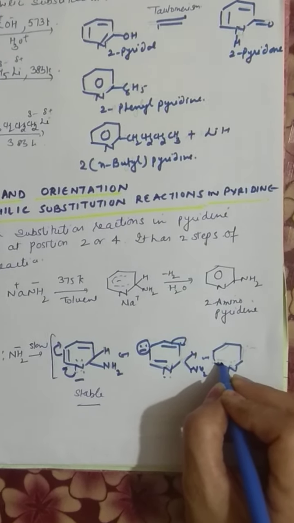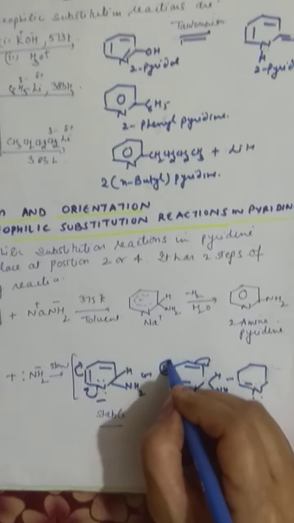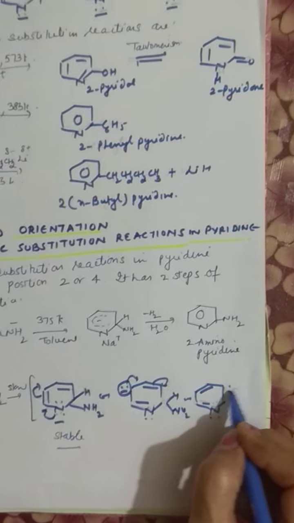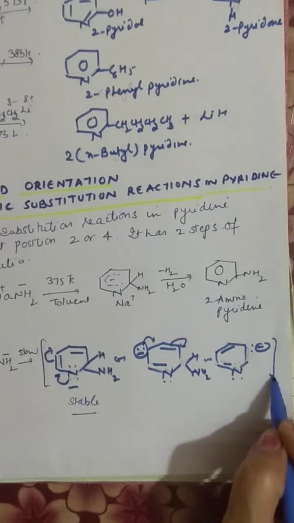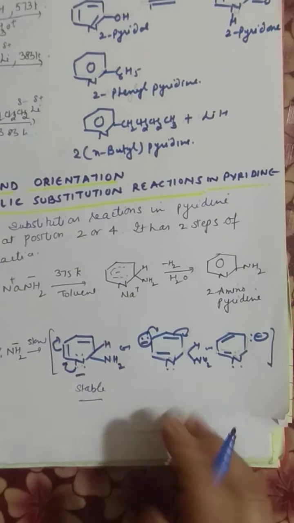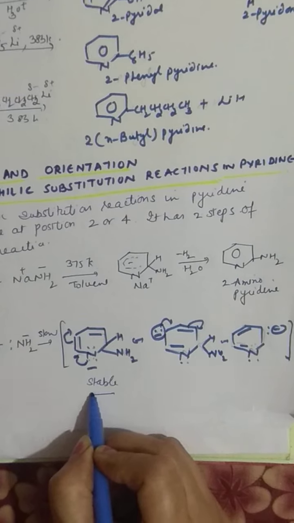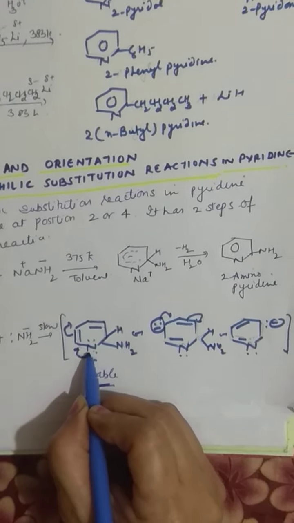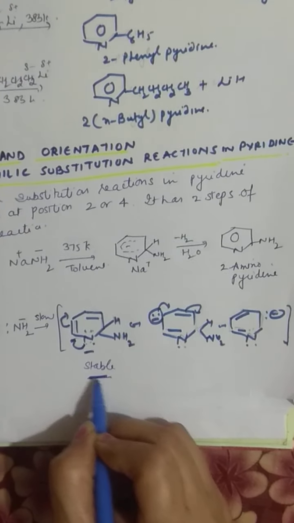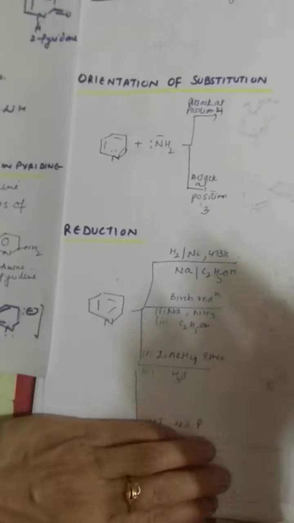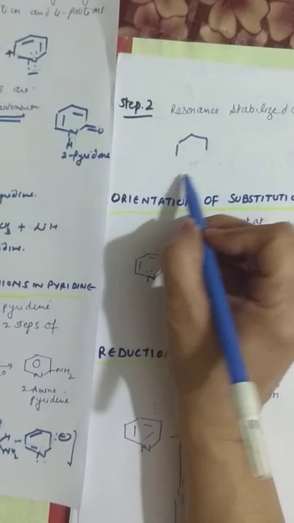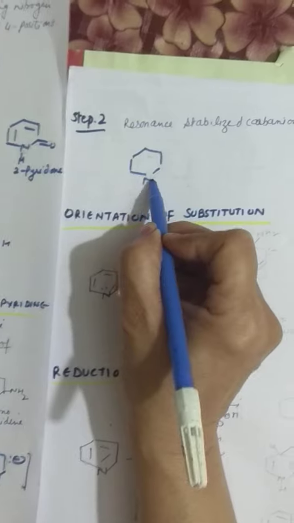This bond is shifted here. So the resonance stabilized carbanion forms. And this structure is stable because the nitrogen, being electronegative, acquires the negative charge. And in the second step, the resonance stabilized carbanion loses the hydride ion.